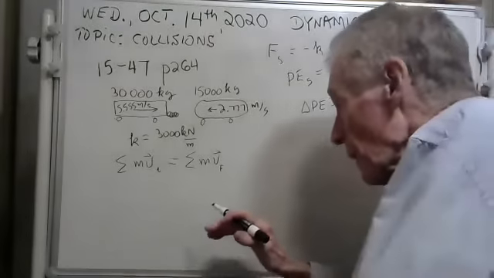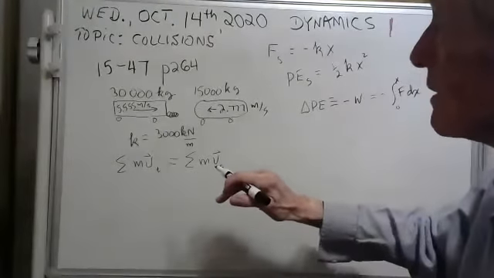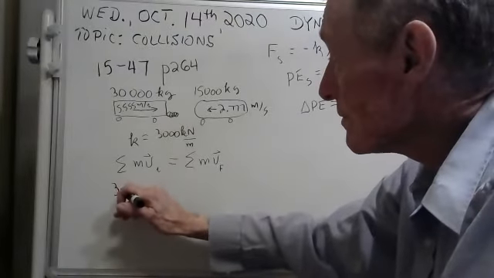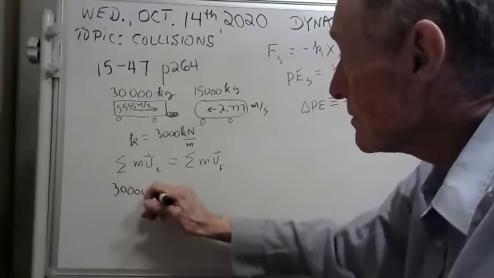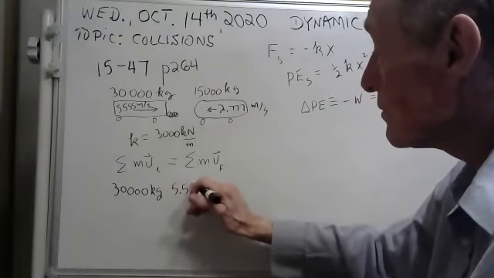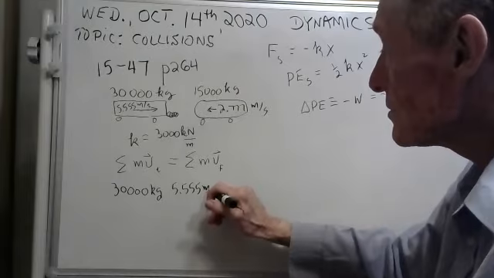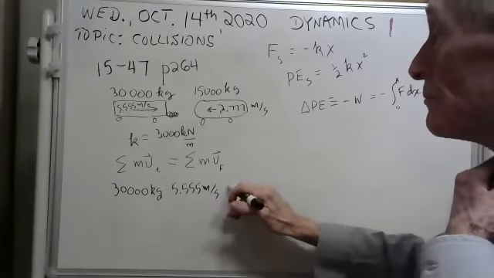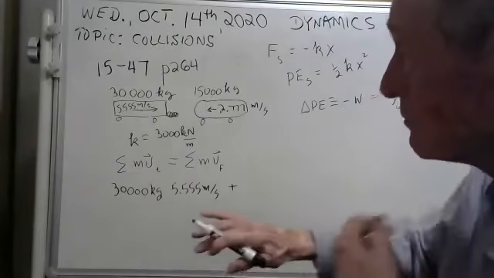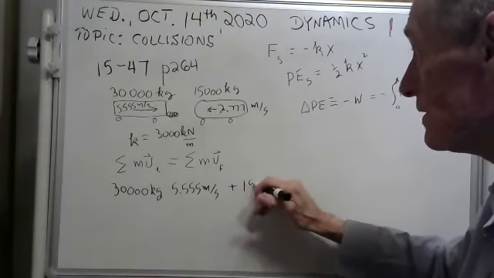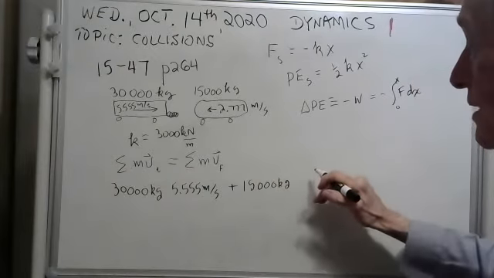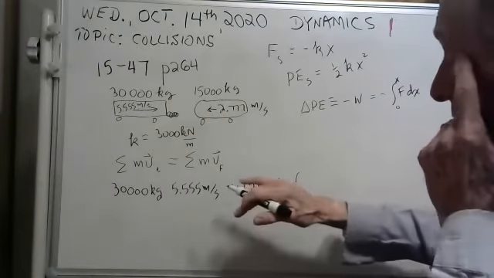Okay, well, let's write our equation. Here we go. We have 30,000 kilograms times 5 point blah, blah, blah meters a second, plus, see, sigma means add, it means plus, 15,000 kilograms times, now watch it though, these are vectors.